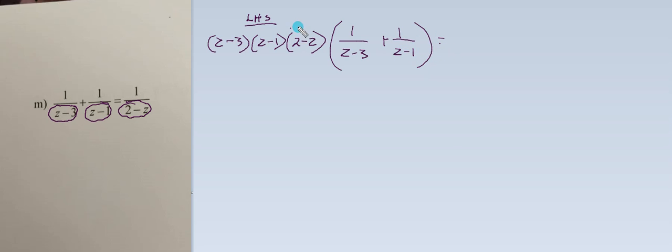Remember, for our equation, whatever you do on the left, you must do it on the right. In other words, I'm going to multiply the same thing again: z minus 3, z minus 1, and 2 minus z.